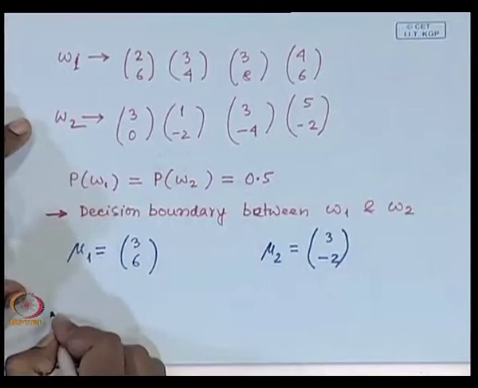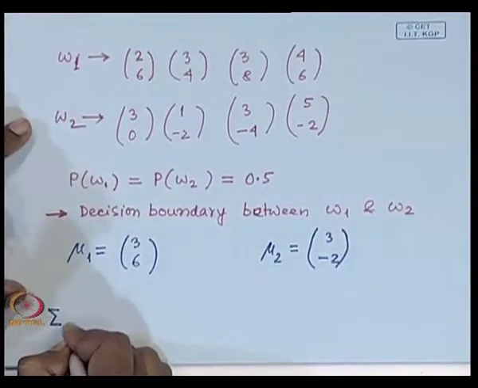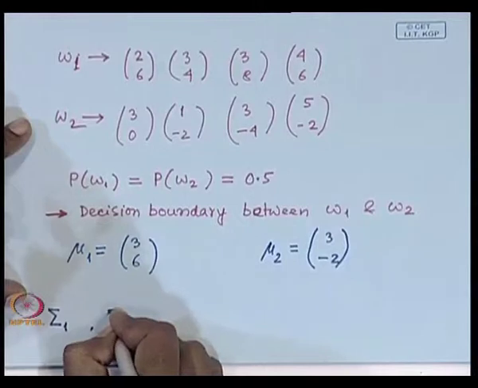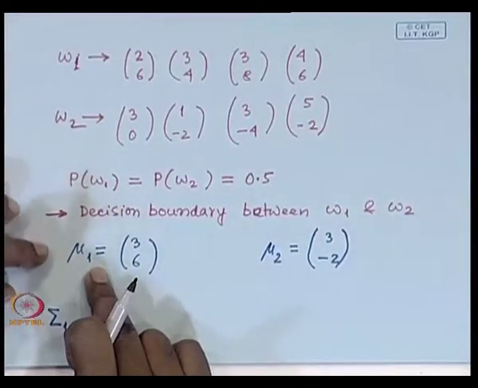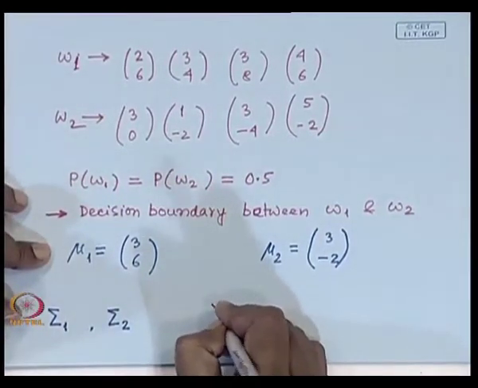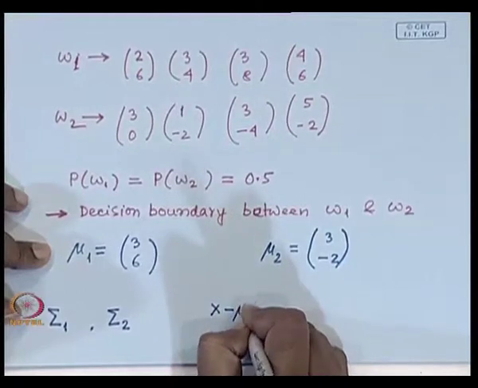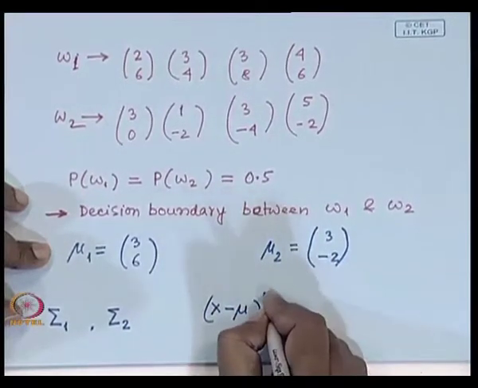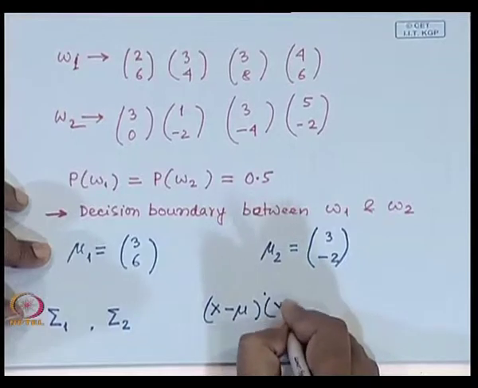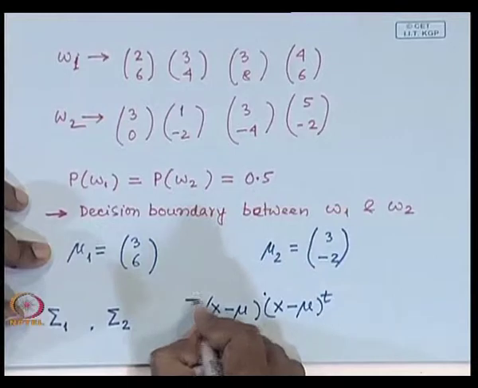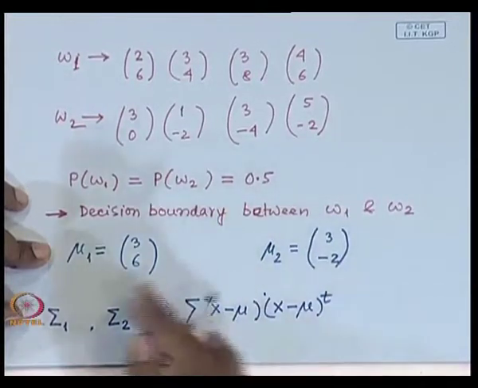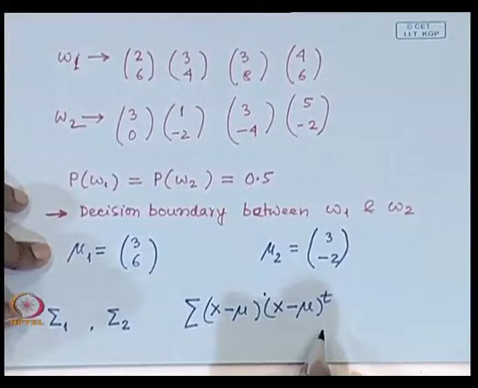We also have to find out the covariance matrix sigma 1 and the covariance matrix sigma 2. You know how to compute the covariance matrix. Once I get the mean vector, I have to find x minus mu into x minus mu transpose, take the summation over all the vectors, then normalize by the number of vectors you have taken.